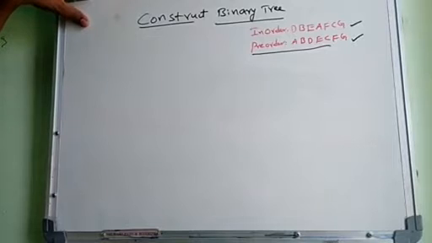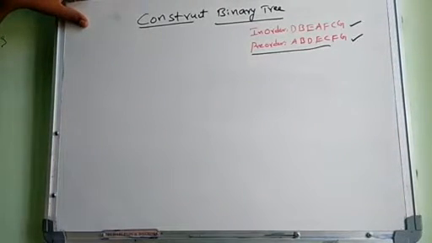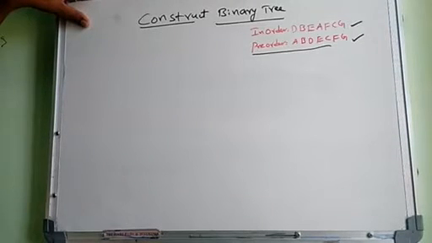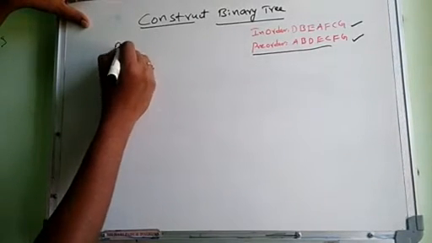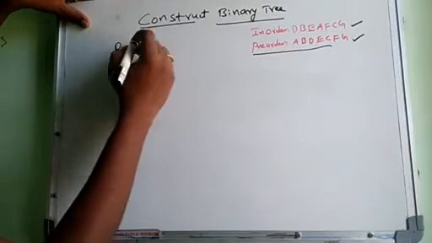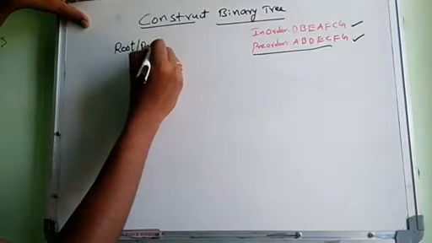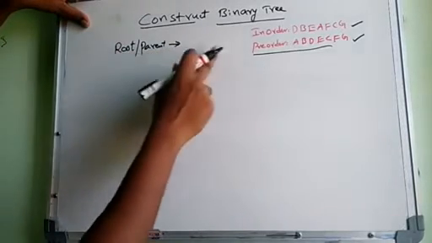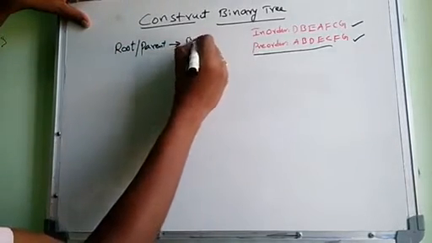The question they will ask is: construct a binary tree using the following orders. They will give pre-order and in-order. Okay, so first you have to construct a root. To find the root or parent, first you have to go for pre-order.